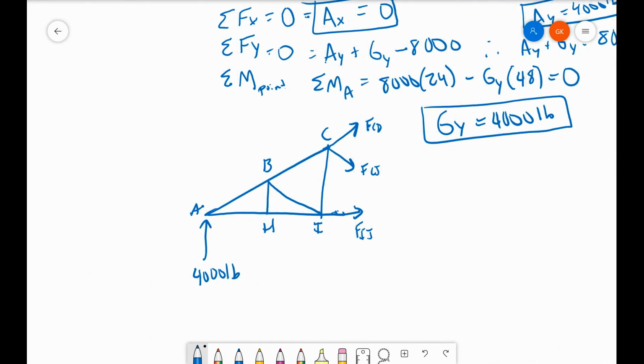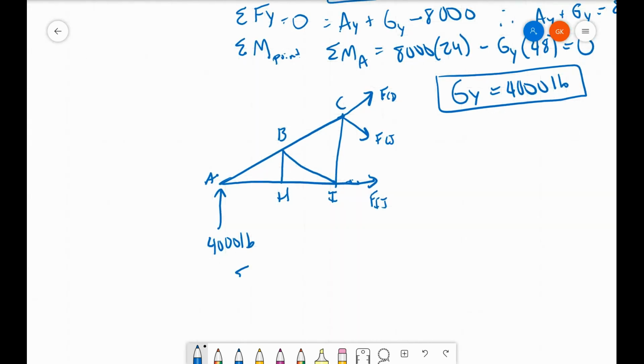Now, you might be wondering why I kept this side. It's because when I go to this one, I get 3 new equations. Sum of the forces in the x, sum of the forces in the y, and sum of the moments. And I chose this side rather than the other one because when I take the sum of the moments around point C, right here, neither this force or this force does anything.